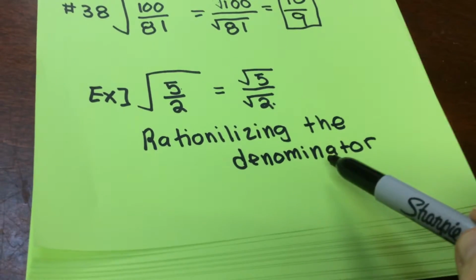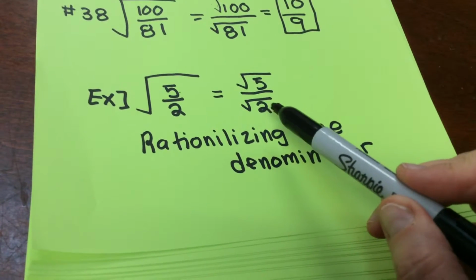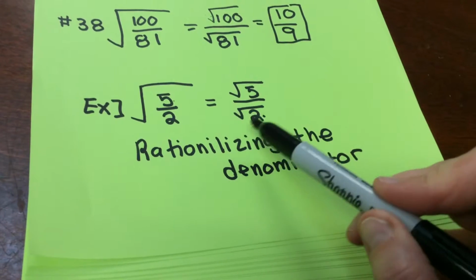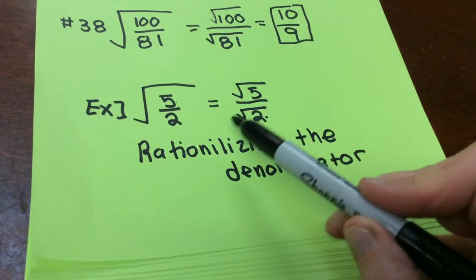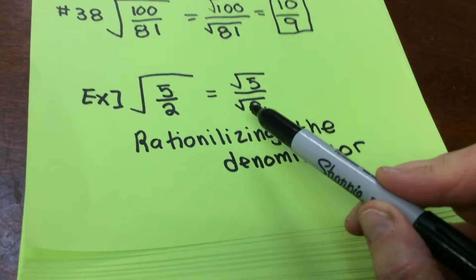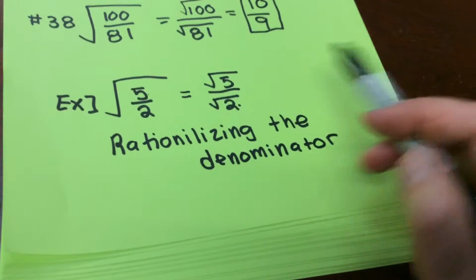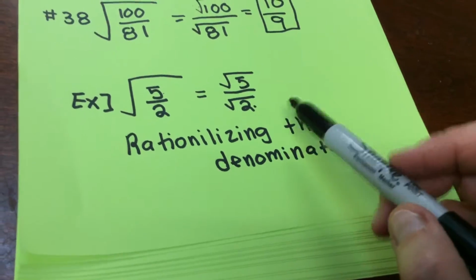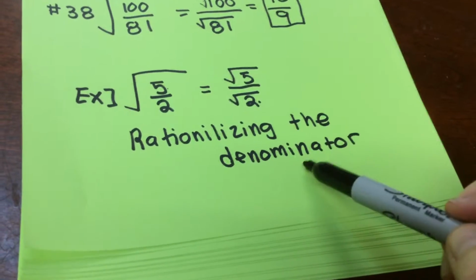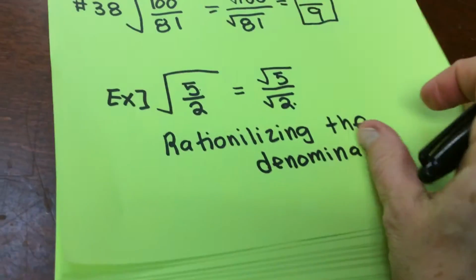The denominator is downstairs, and that means it is this right here. So down here, you can never, ever, ever have a square root, ever. Well, that's a problem. Well, how are we going to get rid of this square root? That's where we come up with rationalizing the denominator. So let's continue and work on this example.